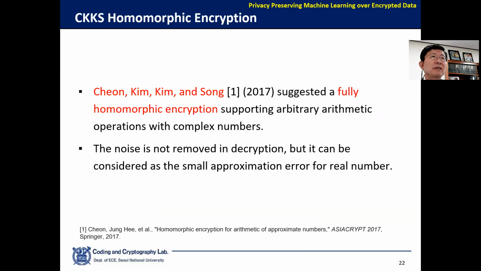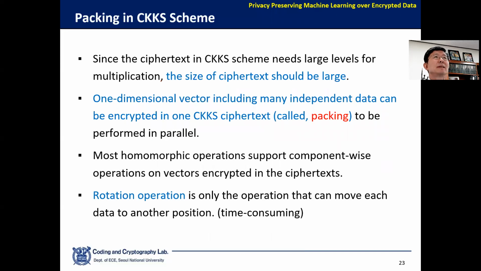CKKS homomorphic encryption. Cheon, Kim, Kim, and Song suggested a fully homomorphic encryption supporting arbitrary arithmetic operations with complex numbers. Here, noise is not removed in the decryption, but it can be considered as a small approximation error for a real number. In the CKKS scheme, packing is used. Since the ciphertext in CKKS needs a large level for multiplication, the size of the ciphertext should be large.